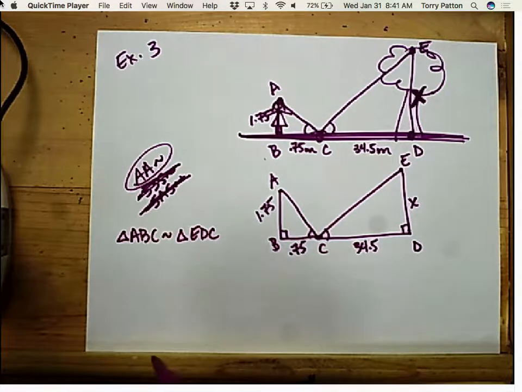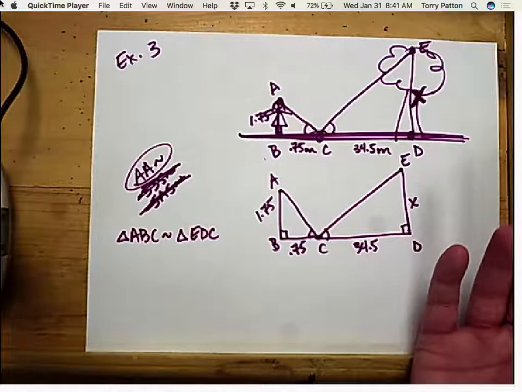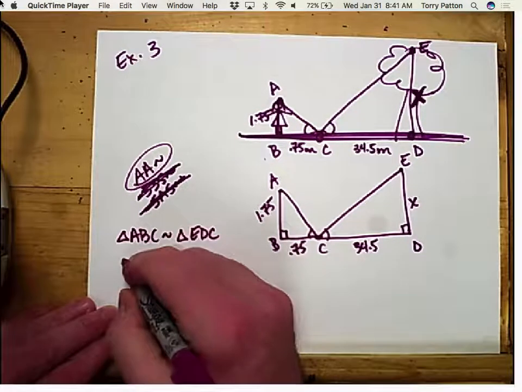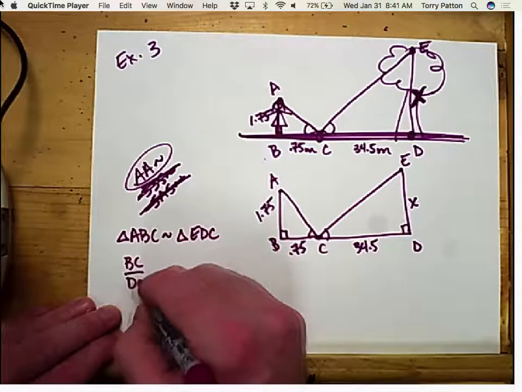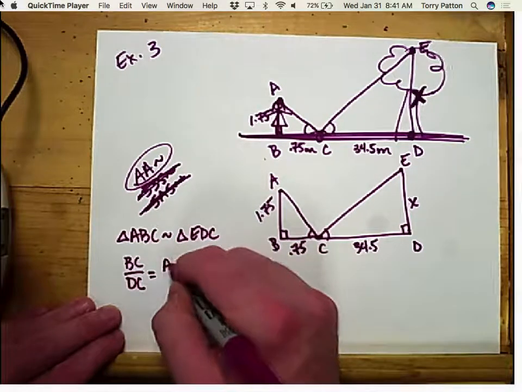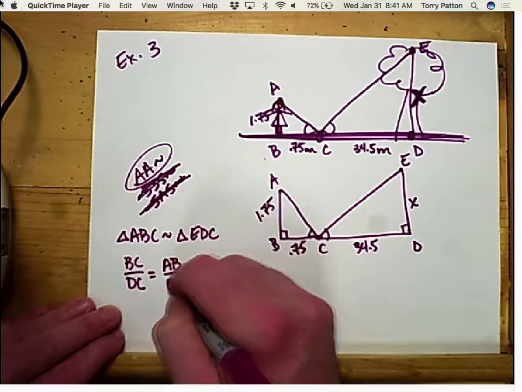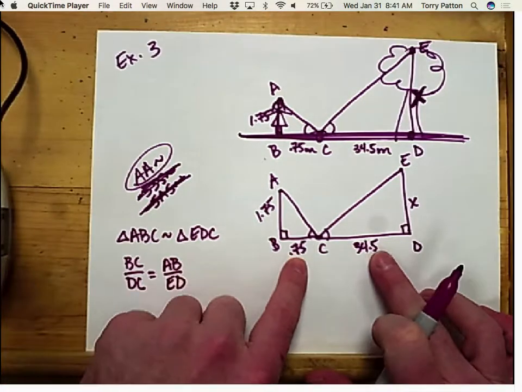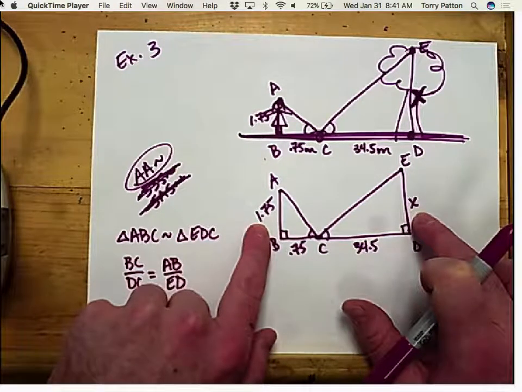So, we now know, since they're similar, all sides are proportional. So the two sides we know that BC corresponds to DC, the same way that AB corresponds to ED. Now the reason I chose those sides is because two of them we knew, and the other one was the pair that has what we wanted to know.